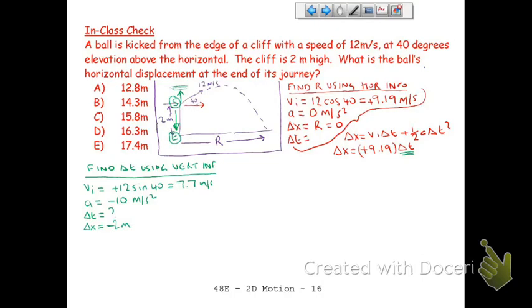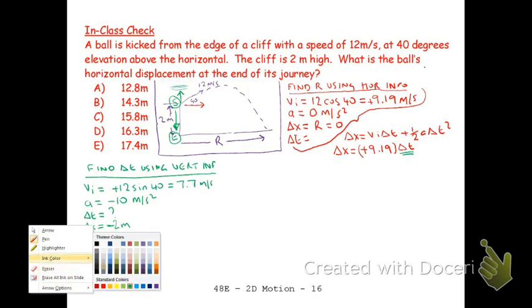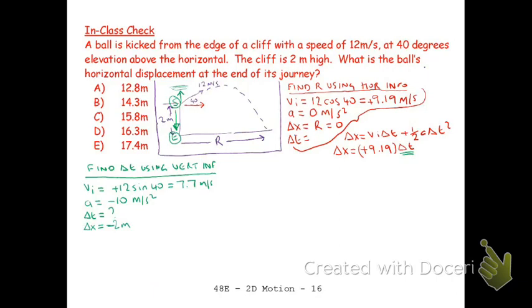So that attention to detail is really important. Then I say, well, now I have a math approach and a physics approach. The math approach: delta x is equal to VI delta t plus 1/2 A delta t squared.